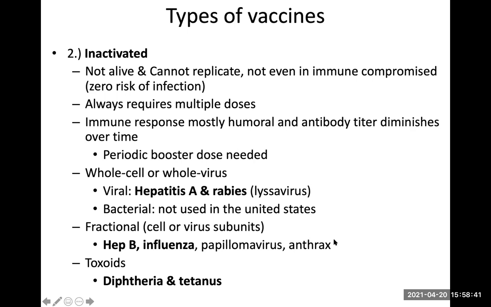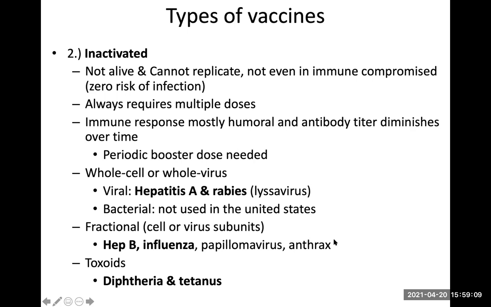We don't have any whole cell bacteria inactivated vaccines anymore. We used to, we've replaced them. We still have fractional ones, like some of the influenza vaccines, and your hepatitis B.